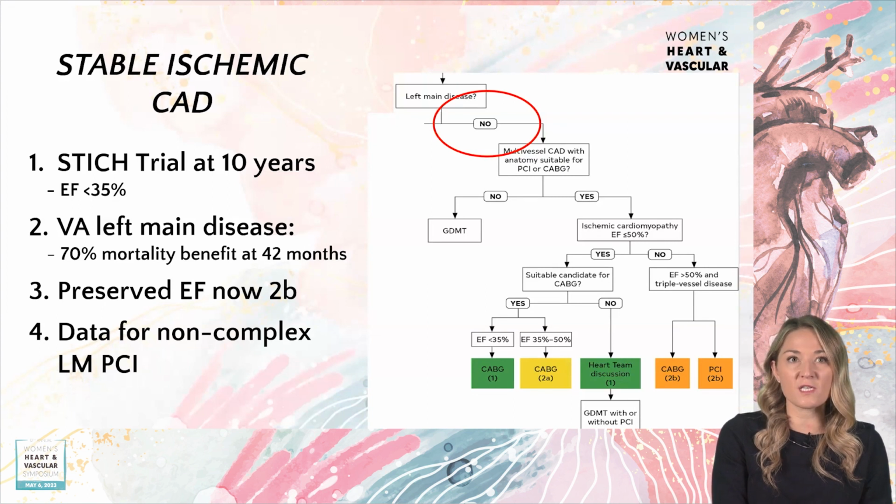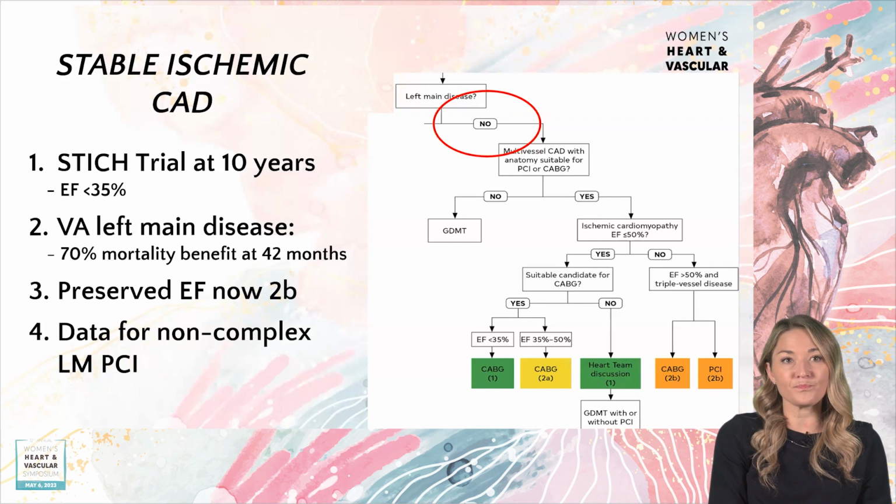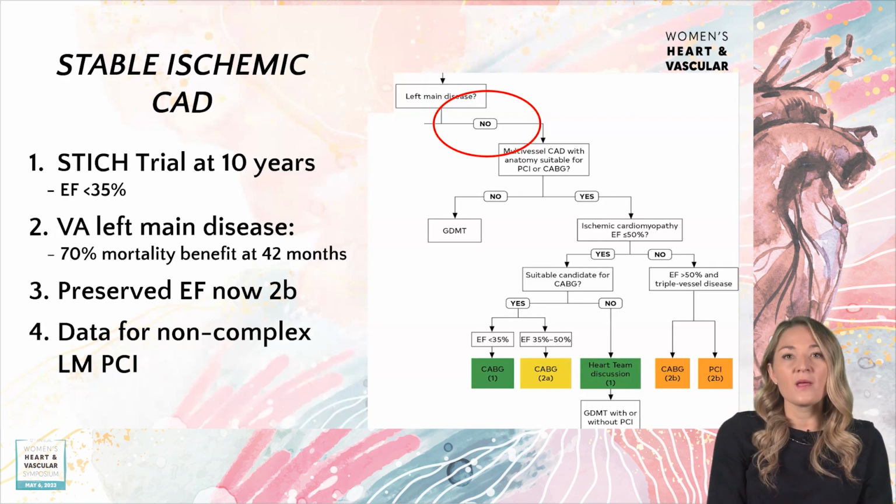So multivessel disease at 10 years was shown to be better treated with a bypass approach. Again, I'm just going to keep harping, that VA trial that I discussed, left main disease had a 70% mortality benefit at 42 months. And then, back to this diagram, ischemic cardiomyopathy, we'll start there again.